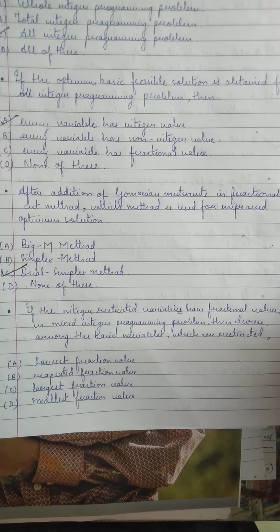Now moving on. If the integer restricted variables have fractional values in mixed integer programming problem, then choose among the basic variables which are restricted. Which one to choose means, if the integer restricted variables x1, x2 or x3 are greater than or equal to 0, and suppose x2 and x3 are to be restricted as integers, then among the fractional values, which must be considered?